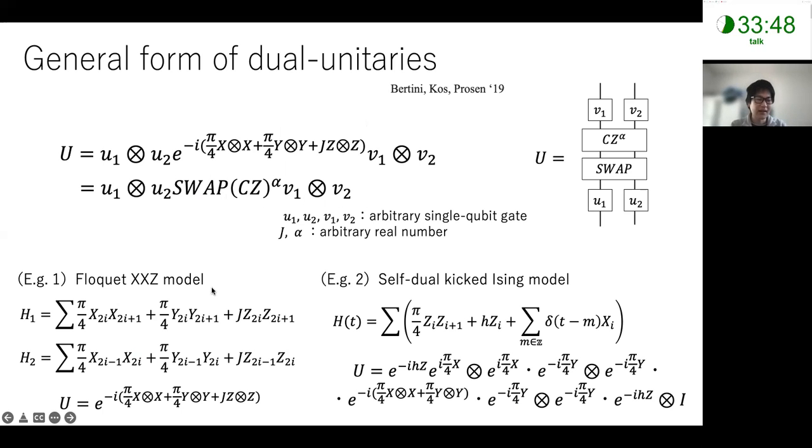And it's known that the XXZ model written like this has a representation in terms of a dual-unitary quantum circuit. And a more interesting example is the self-dual Ising model. It also has a representation as a dual-unitary quantum circuit. So there are physically interesting models that are written by dual-unitary quantum circuits.